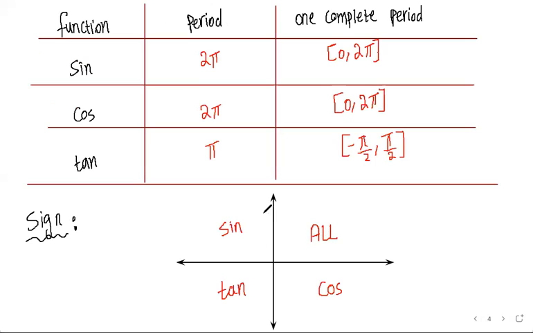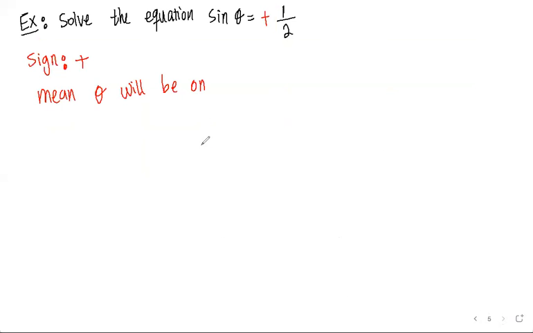In which quadrants is the sine positive? 1 and 2 only. 3 no, 4 no. So theta will be in the first quadrant and in the second quadrant only, because the sine is positive. This gives the quadrant.